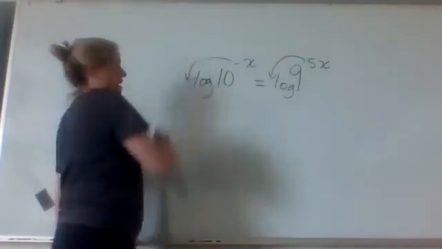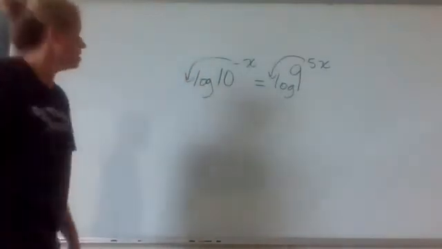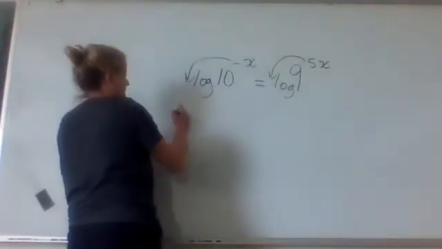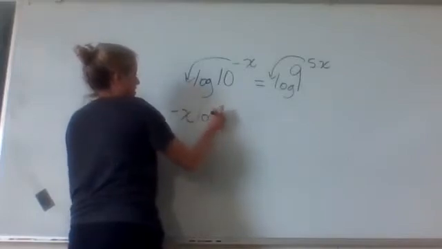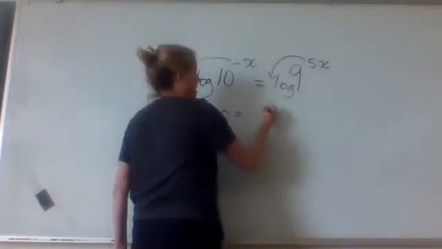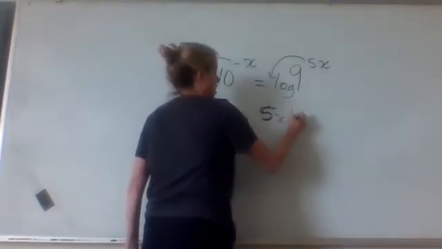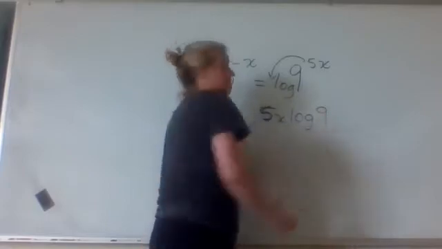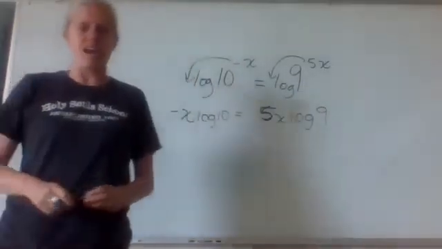I'm going to bring both of them down, right? So now over here I have negative x log 10 equals, bring this one down also, so 5x log 9. So we are solving for x.